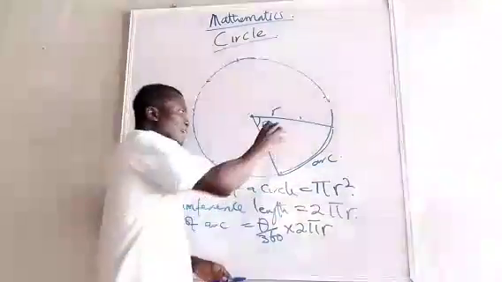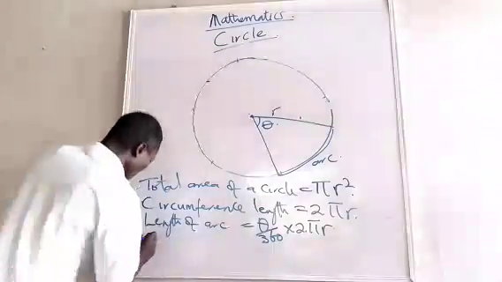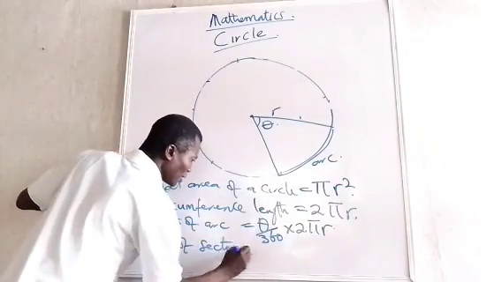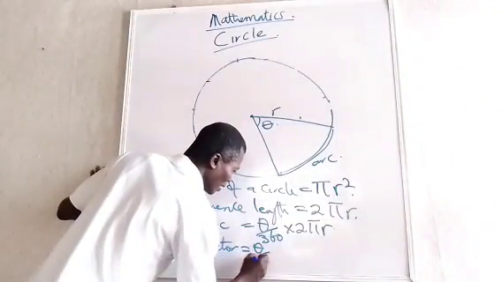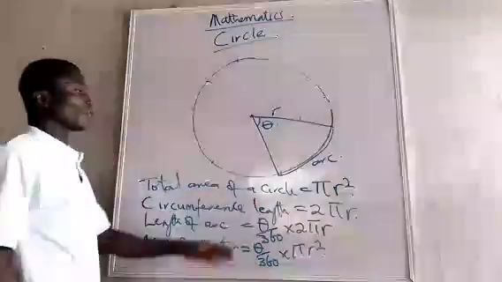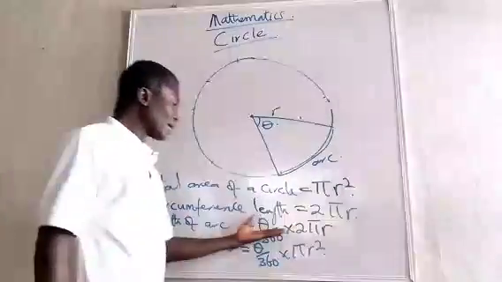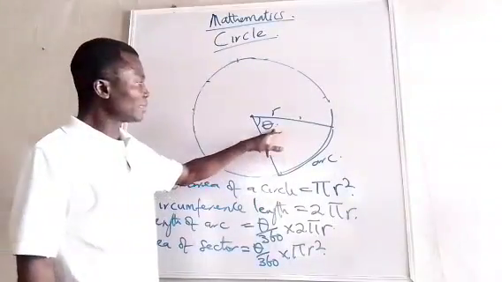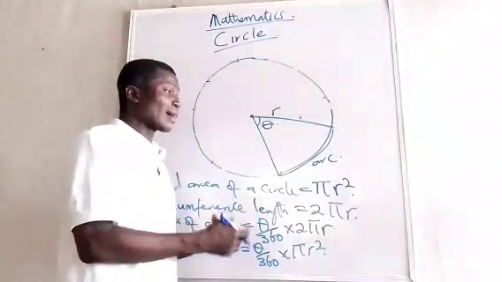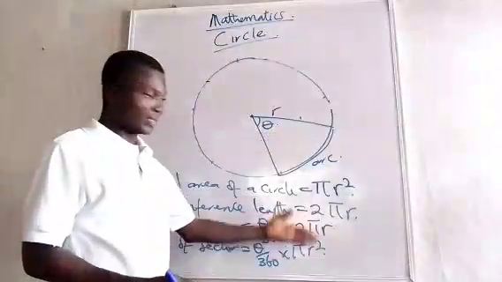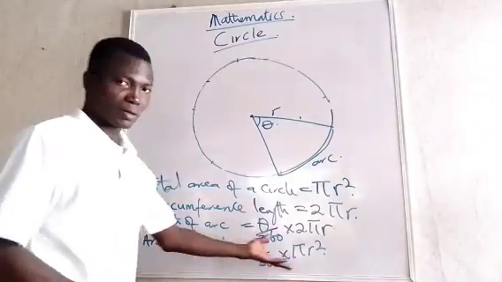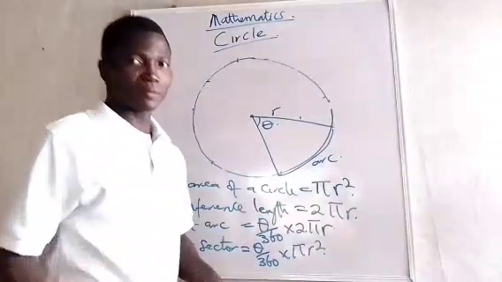Now, if I want to calculate the area of the sector inside, it will be equal to theta over 360 times pi r squared. Which means that if I want to calculate the sector or the arc, I will need to know the angle at the center. So that is one of the common calculations we do in circle.